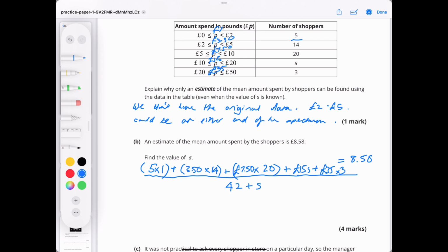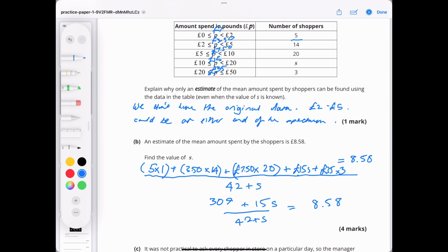But there we go, so it's 5 plus 3 times 14 plus 750, well that would be 150, plus 35 times 3, £309 plus, let's just check, £309 plus 15S, and that's over 42 plus S equals 8.58.